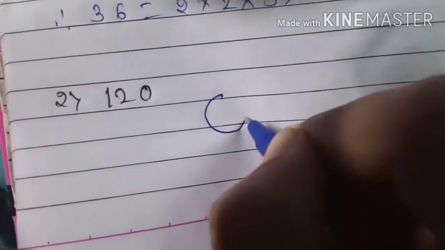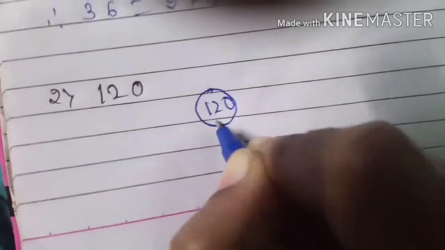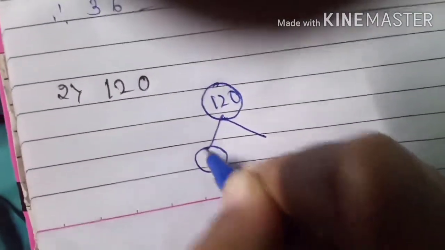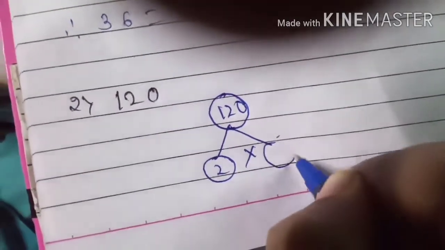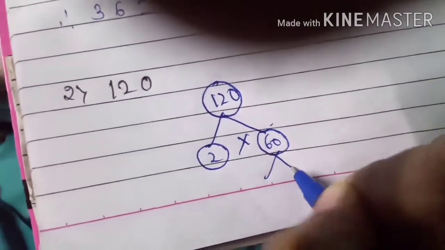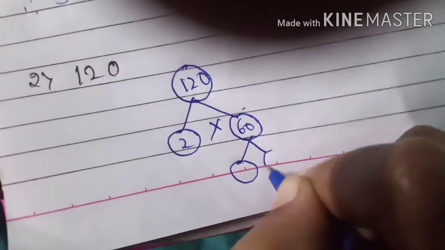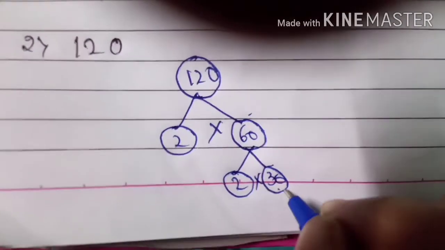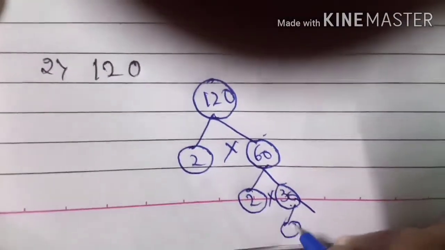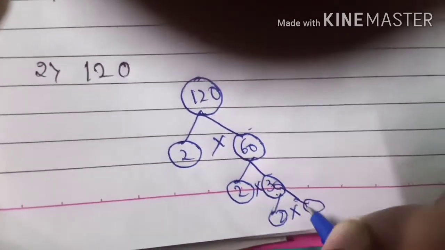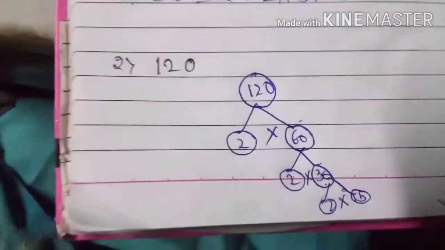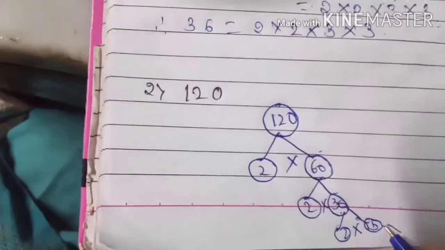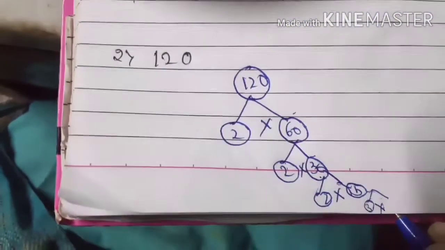Okay, then let us take one more example. This is 120. So write down 120 in a circle. Do the factorization. It will become 2 into 60. This 60 can be written as 2 into 30. This 30 can be written as 2 into 15. Again this 15 you have to factorize, that is 3 into 5.